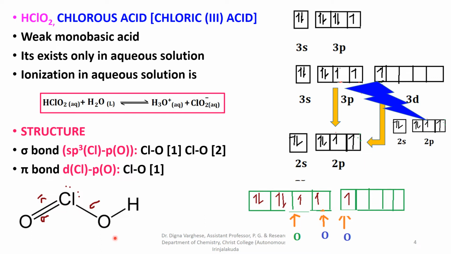Chlorine is attached to 2 oxygen atoms. One is forming a sigma bond only and the other one is forming sigma and a pi bond, and there are 2 lone pairs, and the structure is shown in this figure.